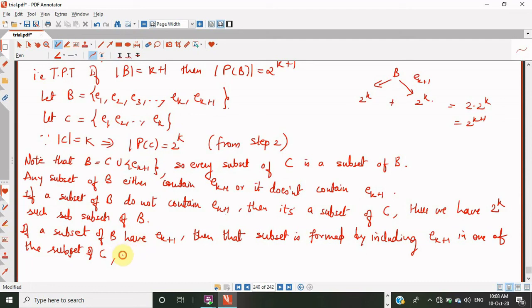So B has 2 raised to k subsets containing e_{k+1}.